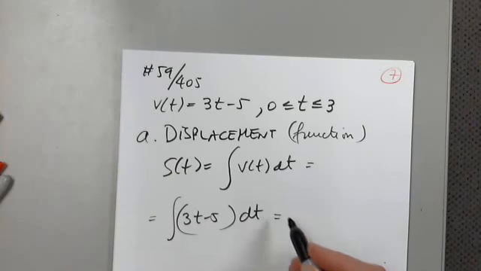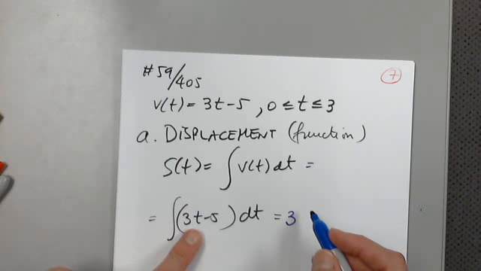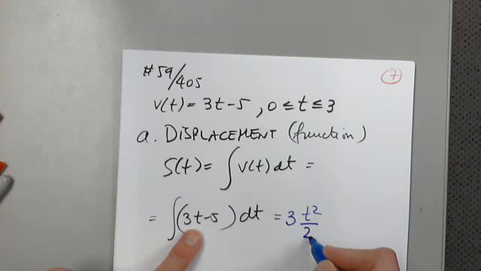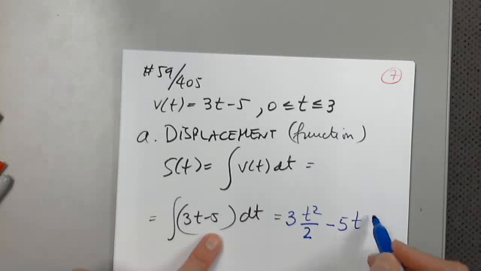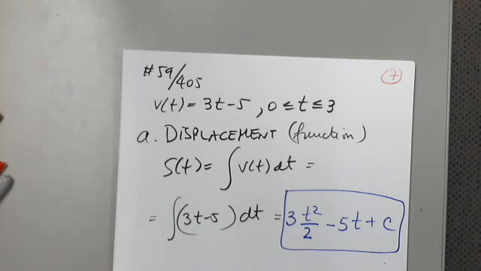What do I write? T squared. Very good. This is the displacement. It's the distance function.